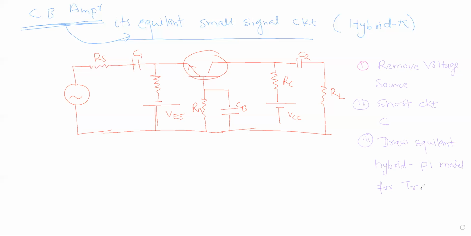So we need to follow three steps. First, we remove the voltage source. Second, we short circuit all the capacitors, and for third, we draw the transistor equivalent circuit. Okay. Now we draw the circuit.